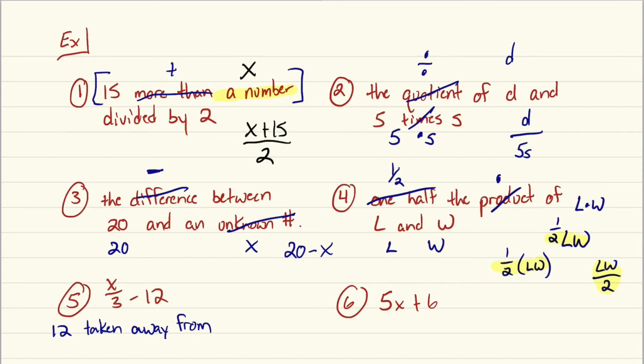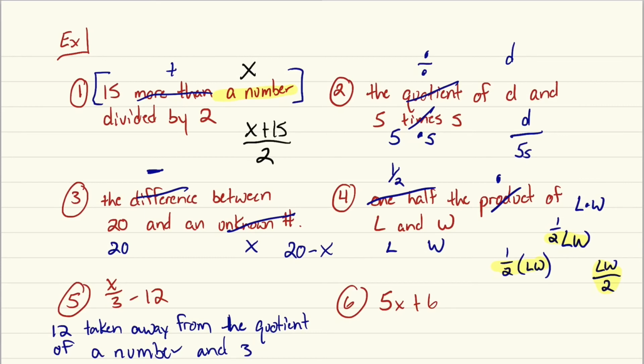It's been taken away from x divided by 3, right? And as we've seen before, we could say the quotient of a number and 3. 12 taken away from the quotient of a number and 3. Now it's in the format how we've had it before and how we've seen it before.